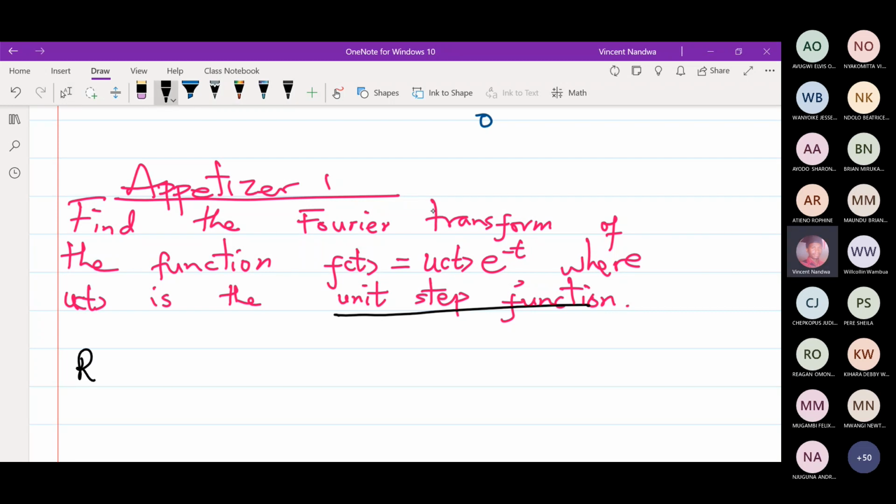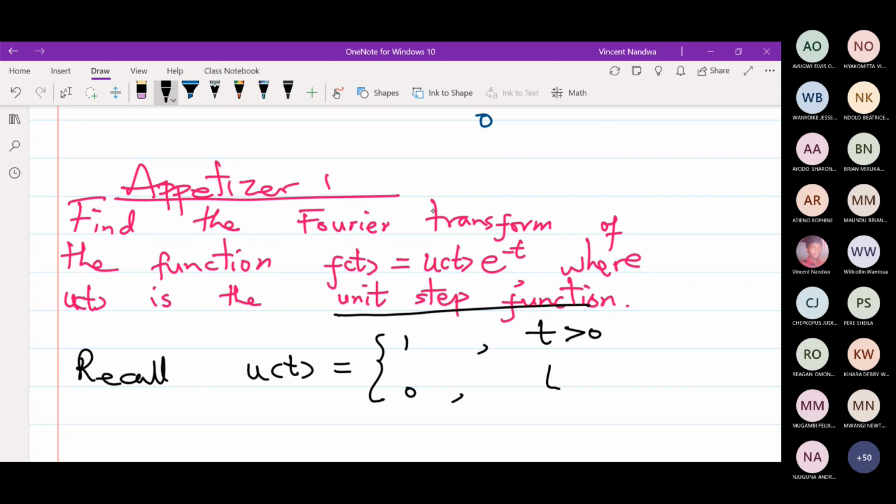So recall that the unit step function is defined as 1 when t is positive and 0 otherwise. So that's how we define the unit step function u. So we have the function f of t.